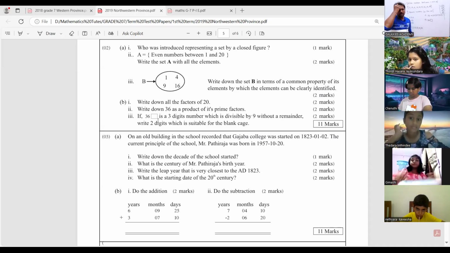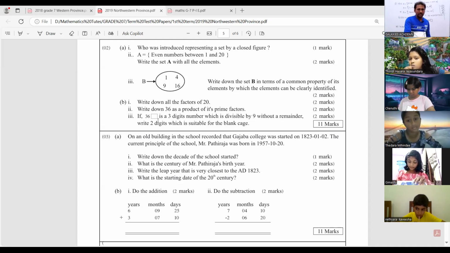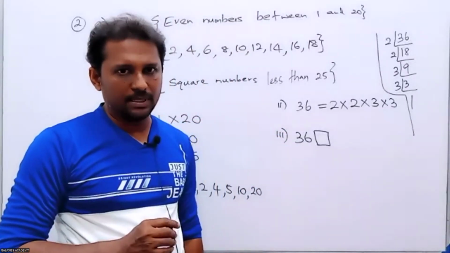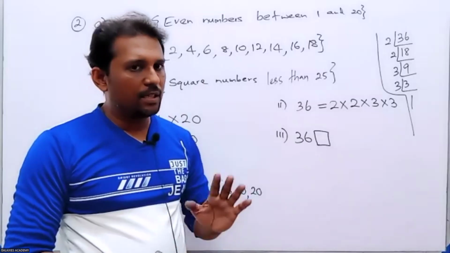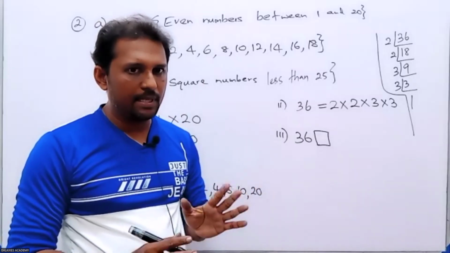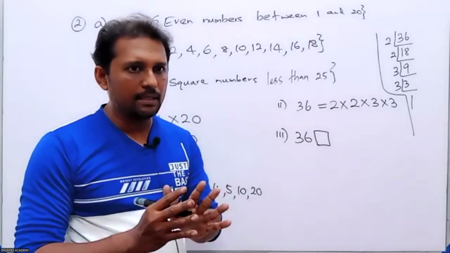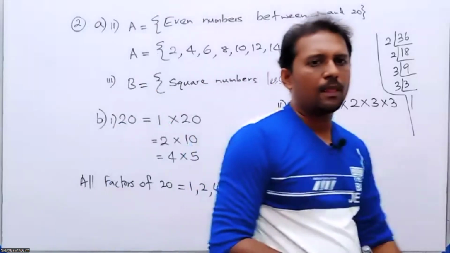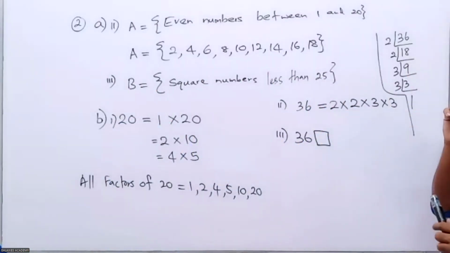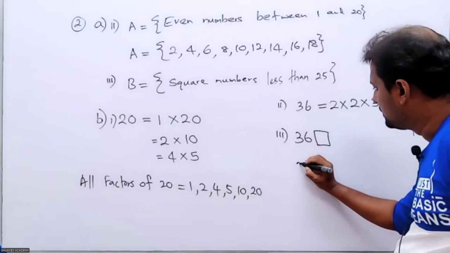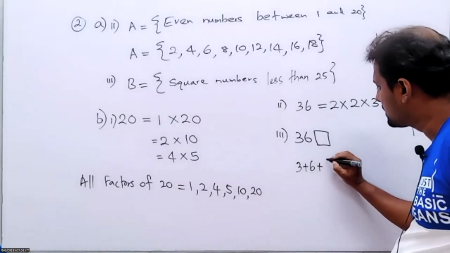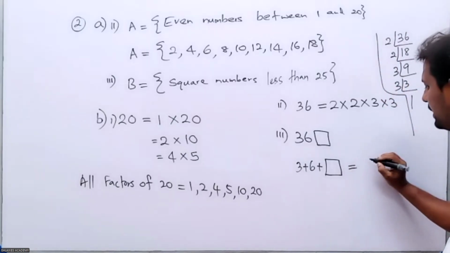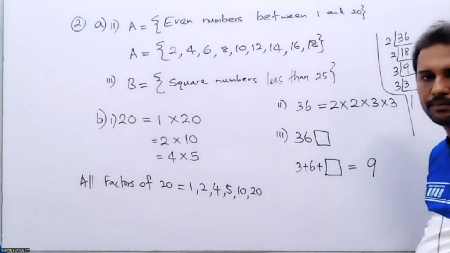How can you determine that the given number is divisible by 9? You have to find the digital root of the number. If the digital root is 9, this number should be divisible by 9. Right? Now you check this one: 3 plus 6 plus this digit, the digital root should be 9.